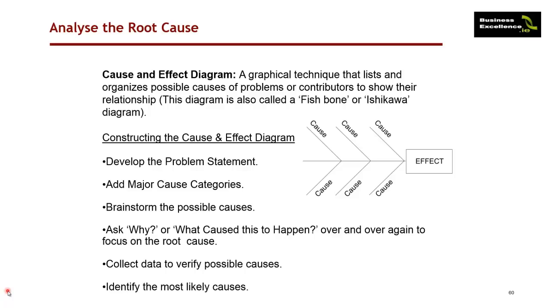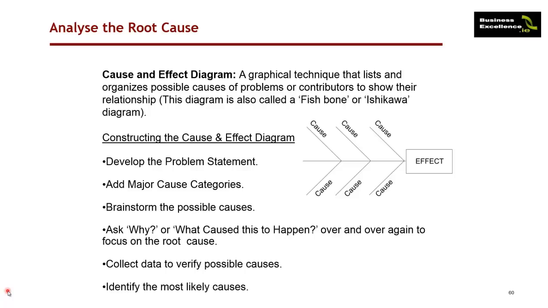The way you construct the cause and effect diagram is as follows. You develop the problem statement on the right-hand side. You add the major cause categories. And the major cause categories can usually be described under 5 or 6 key headings: process, materials, people, environment, equipment, systems.